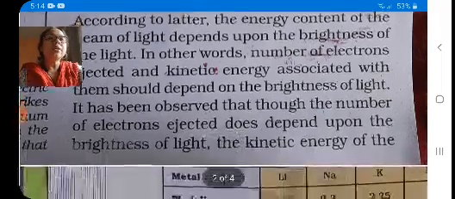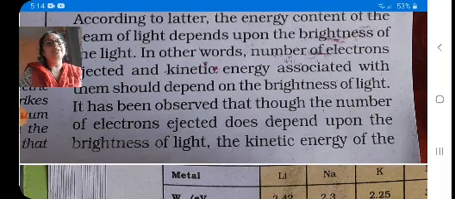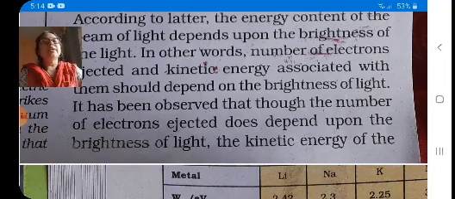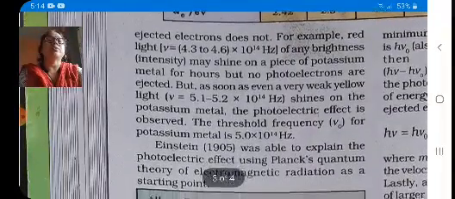In other words, the number of electrons ejected and the kinetic energy associated with them should depend on the brightness of light. It has been observed that though the number of electrons ejected depends on the brightness of light, the kinetic energy of the ejected electrons does not.